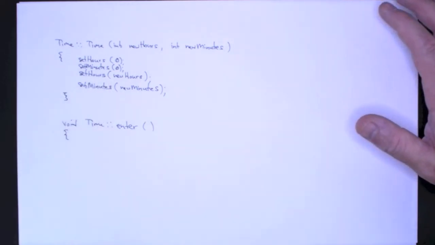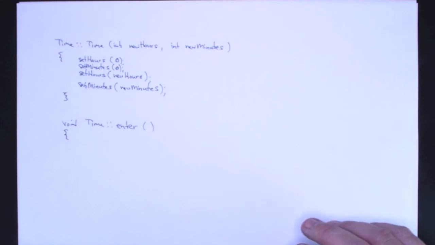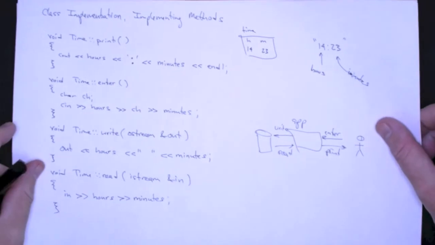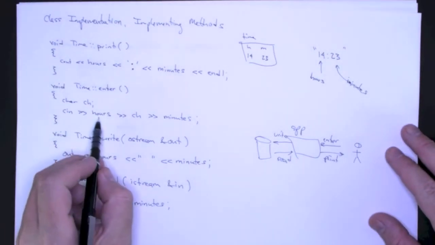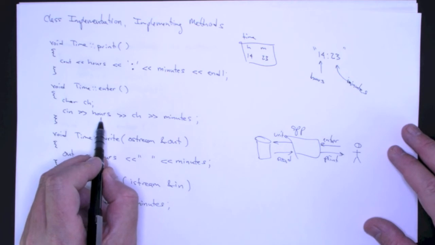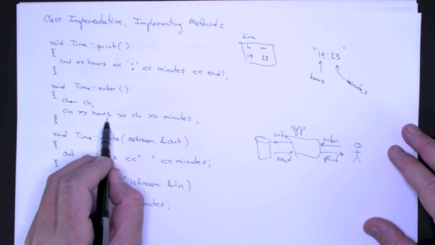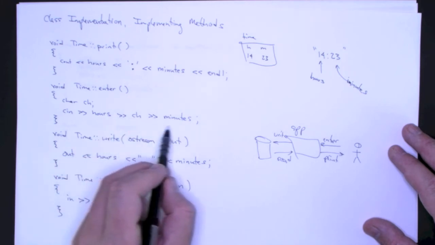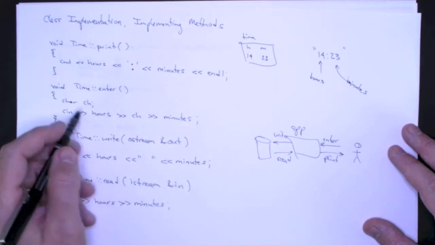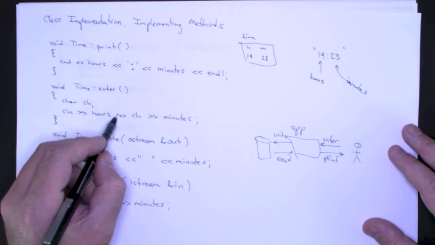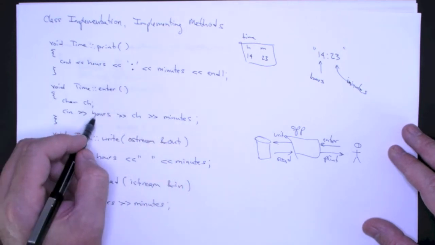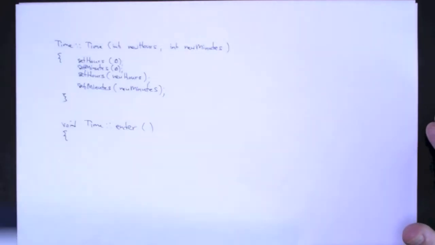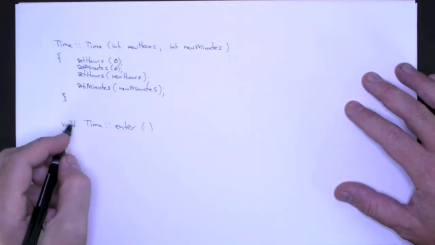So if we go back and take a look at this implementation, I can't read directly into hours, because if I read directly into hours and I've read an invalid value, then I've lost. I'm trying to avoid storing invalid values into my private data members. So what I'm going to do is declare some local variables, and then pass them to my set methods. That's how I'm going to implement my new enter method.